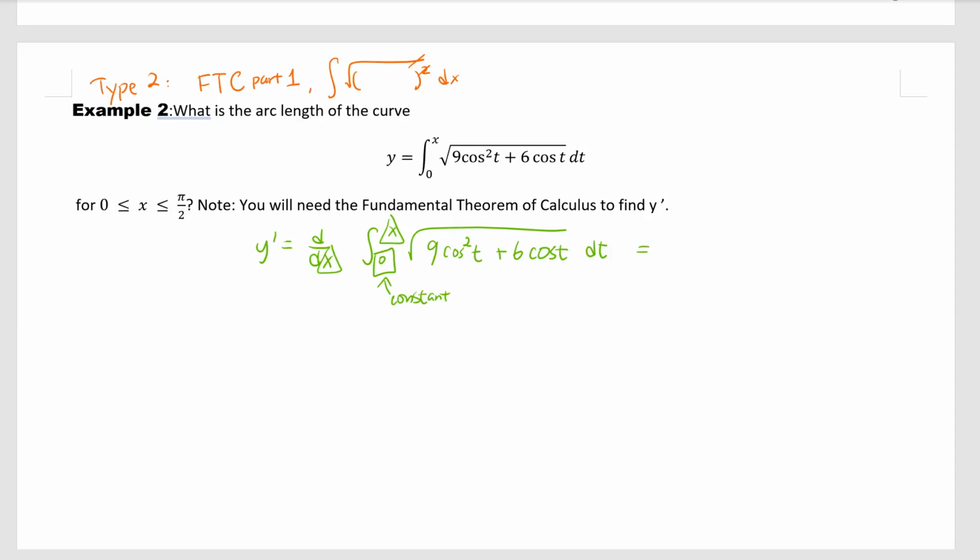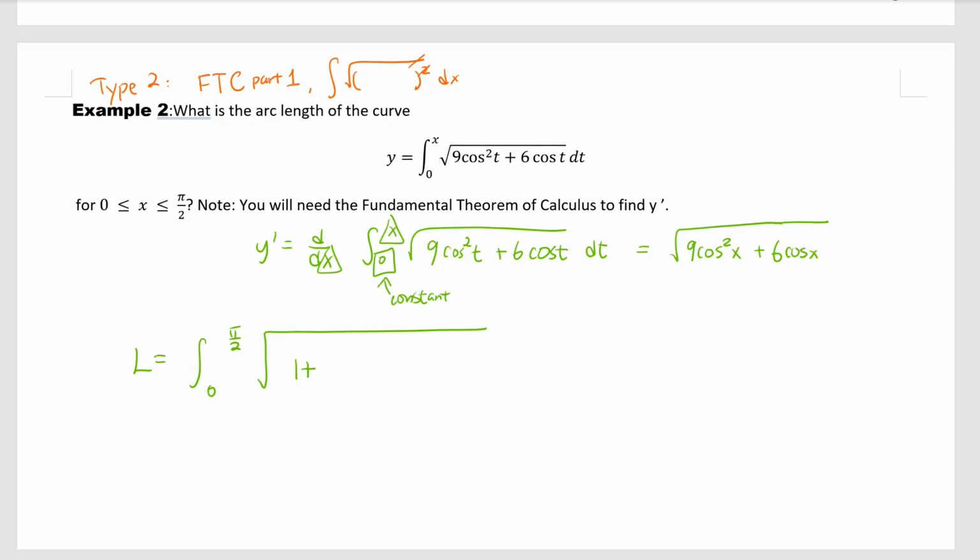So if we satisfy those two conditions, remember, we're not differentiating the function and we're not integrating the function, we just replace t by the upper limit. So same function, replace t by x. That's the y prime. And so the arc length, my x is from 0 to pi over 2, of the square root of 1 plus y prime squared. But can you see y prime squared?